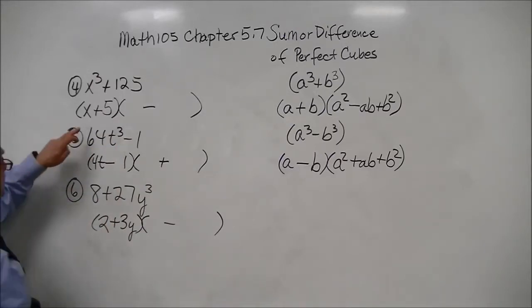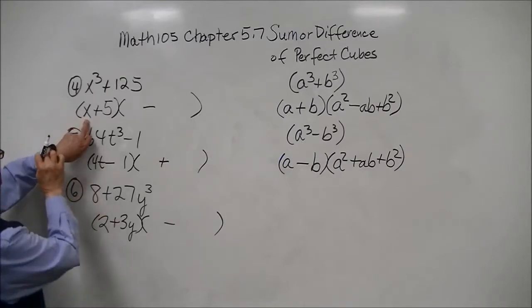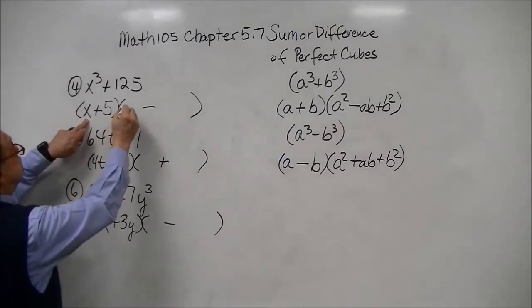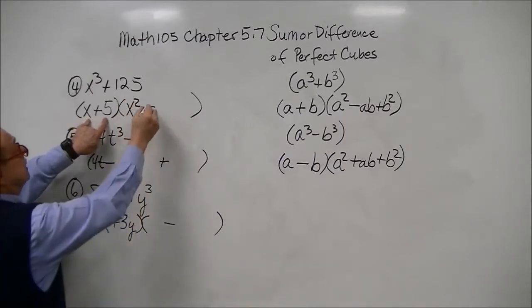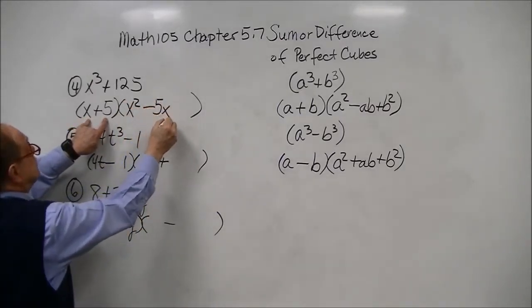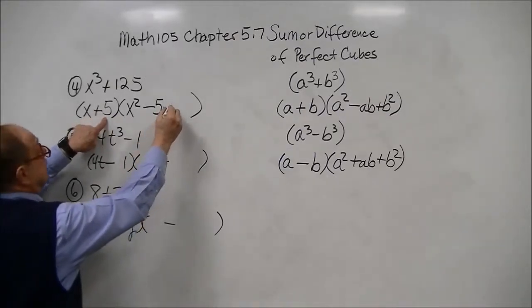Now what we do is we square this first term, multiply these together, and then square this term.